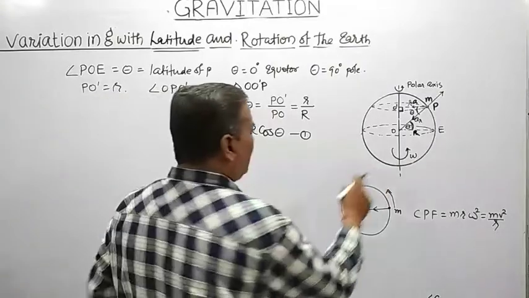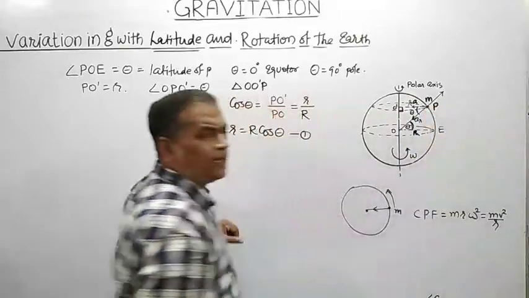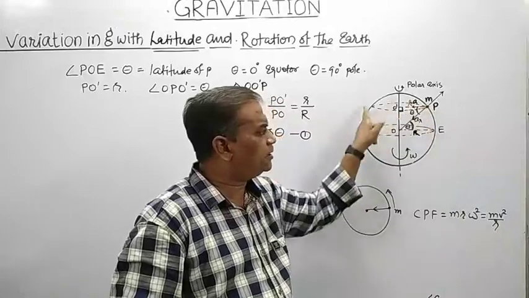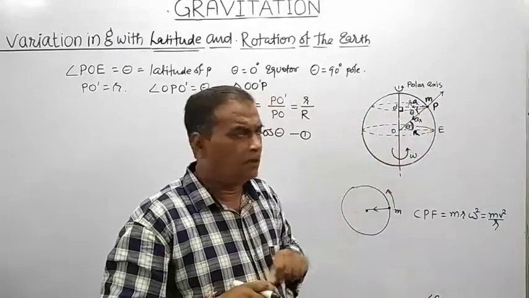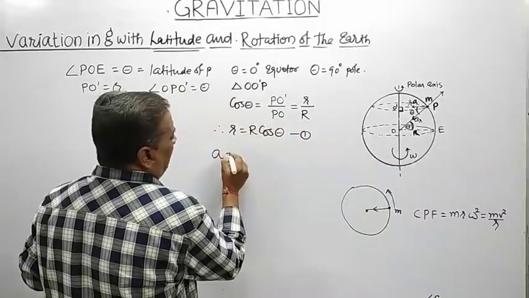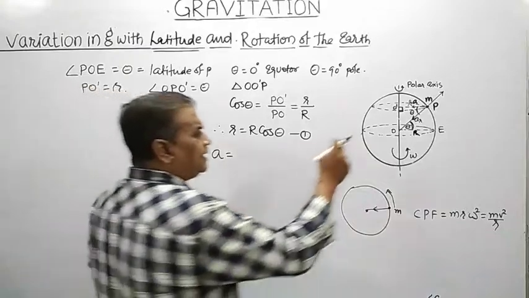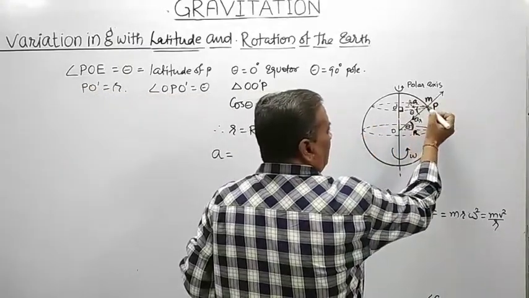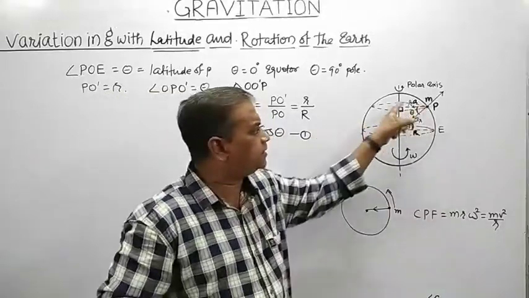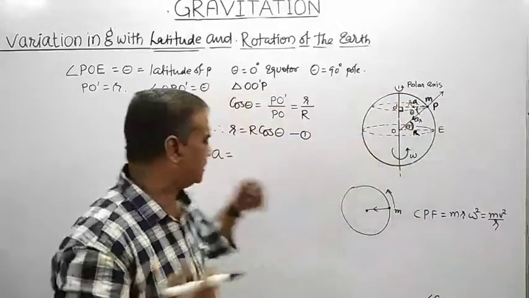So the centripetal acceleration acting on a particle of mass m, because the particle of mass m is performing circular motion, it means it is acted upon by centripetal acceleration A. It acts along the line PO dash, that is along the radius, and is directed toward the center O dash.